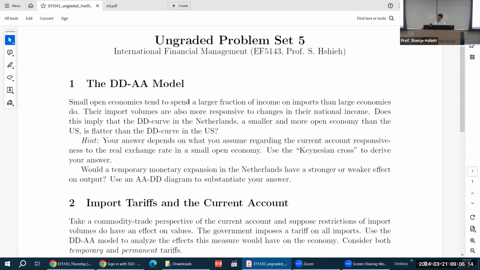Small economies tend to spend a larger fraction of income on imports than large economies do. Their import volumes are also more responsive to changes in their national income. Does this imply that the DD schedule or DD curve in the Netherlands, a smaller and more open economy than the US, is flatter than the DD schedule or curve in the US?